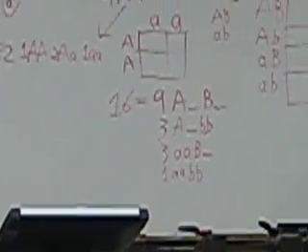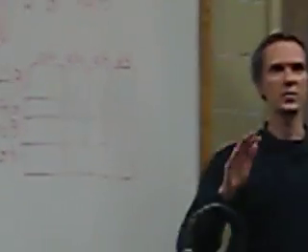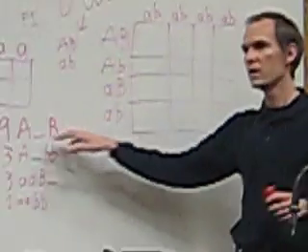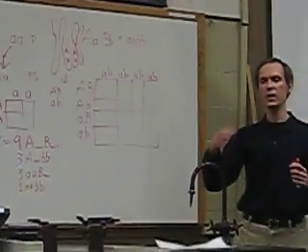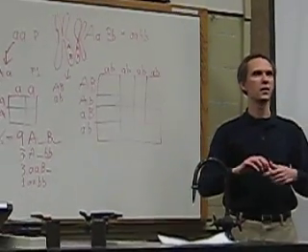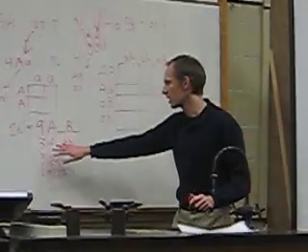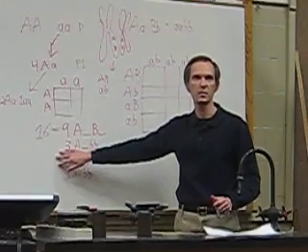Okay? So the key concept behind epistasis is that because genes are functionally connected somehow, we see a variation in the ratios that we observe, the phenotype and genotype ratios we observe in the offspring.